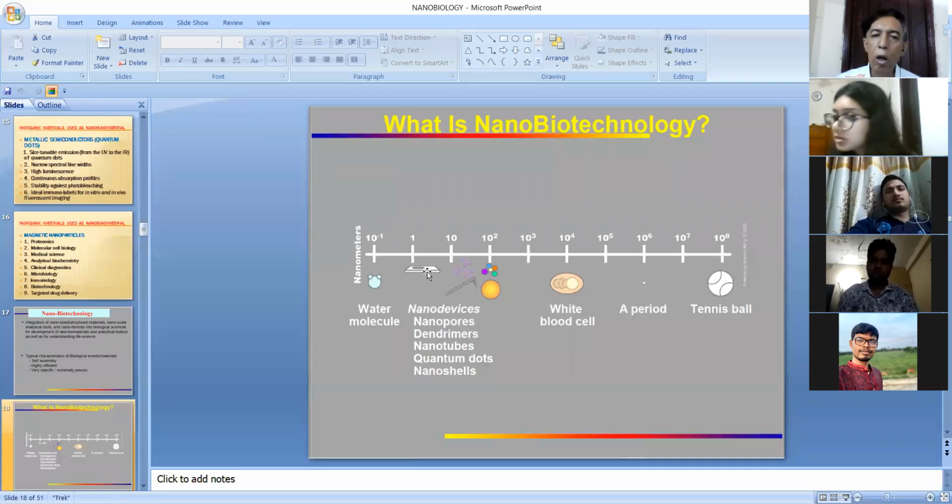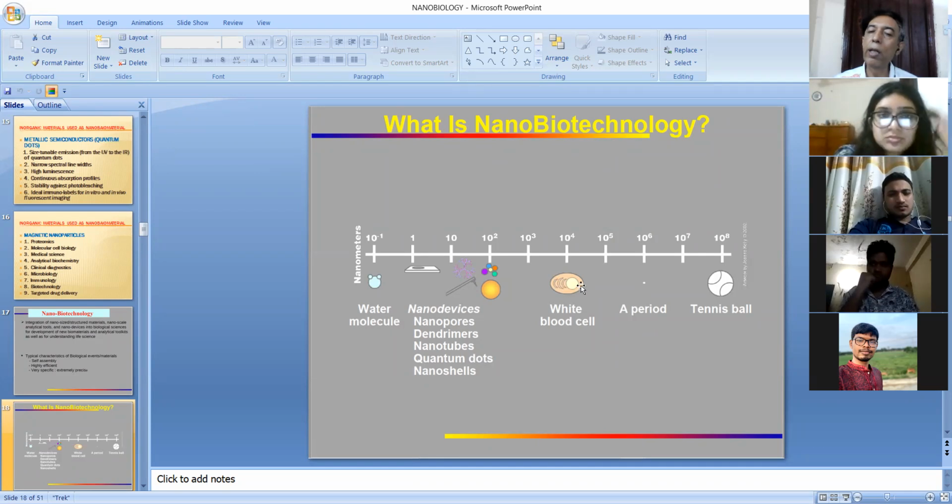You see, all of them are from 1 to 100 nanometer. Their length is 1 to 100 nanometer. You see, a white blood cell is of 10 to the power 4 nanometer. So these instruments can enter into the white blood cell easily, and it can target a specific thing of a cell.